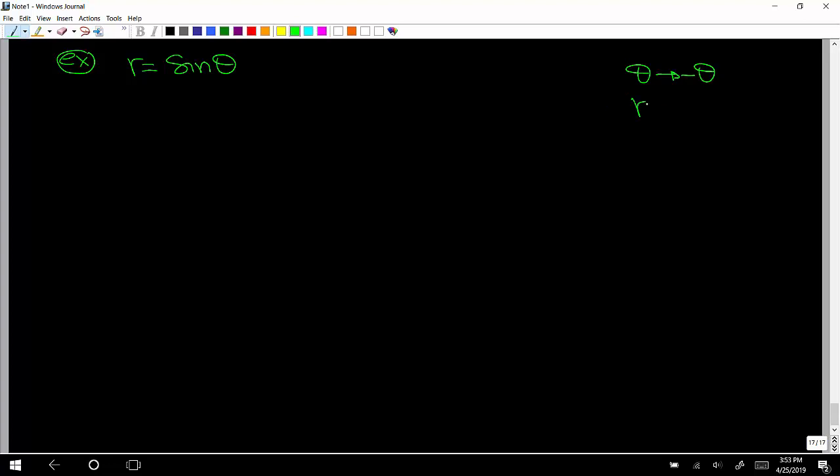So we get r is equal to sine of minus theta. Remember sine is an odd function, so you'll end up with negative sine theta, and that isn't what we started with. So it's not symmetric about the x-axis.